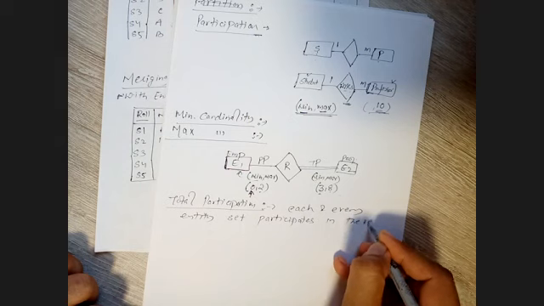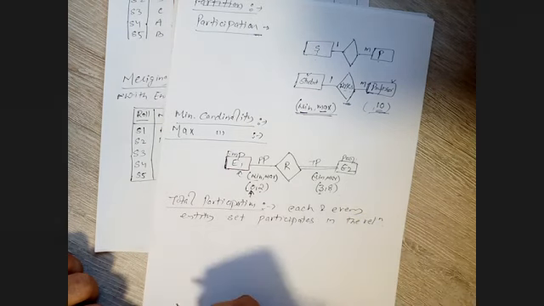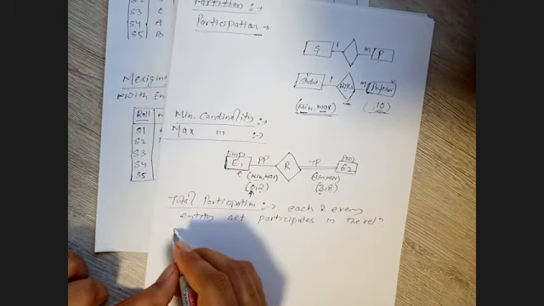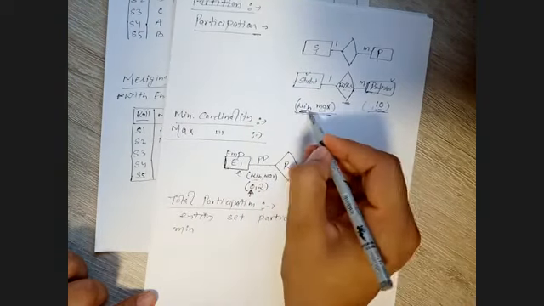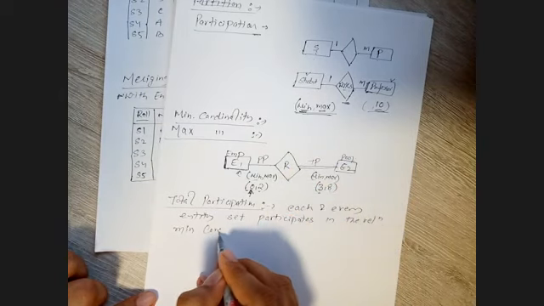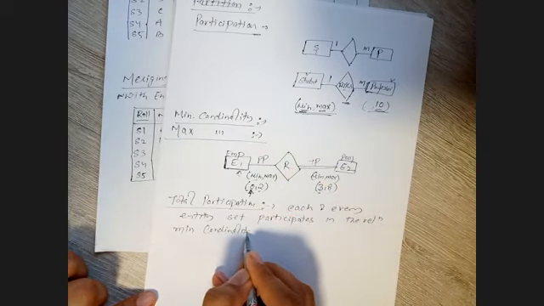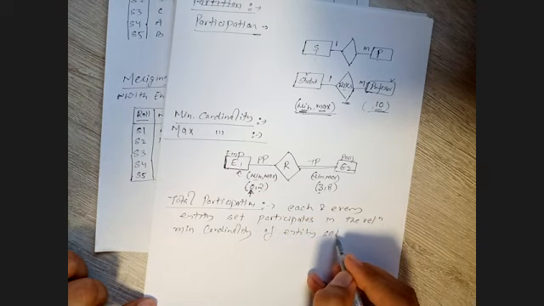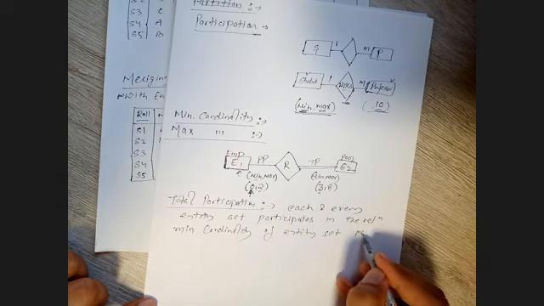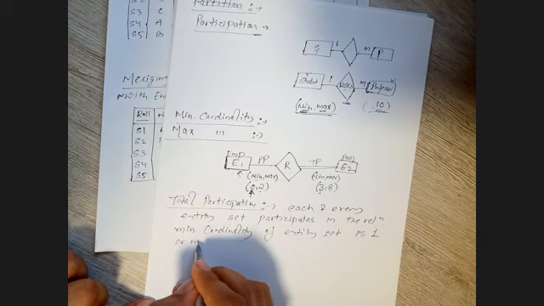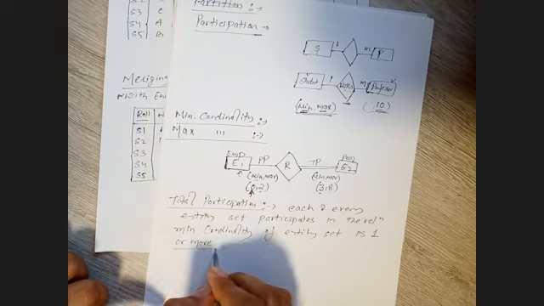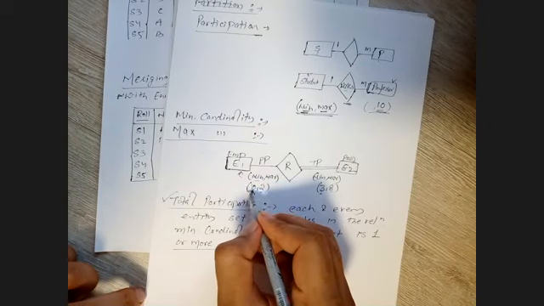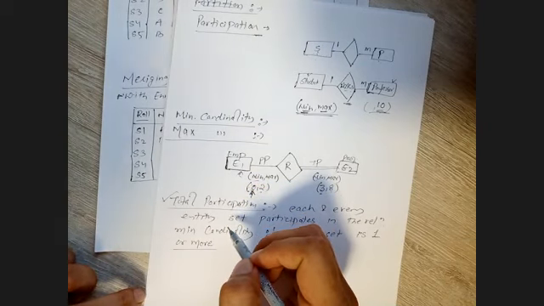In other words, the minimum cardinality of the entity set is one or more. It should not be zero. Then it is total participation, since if you write this here, it becomes total participation.